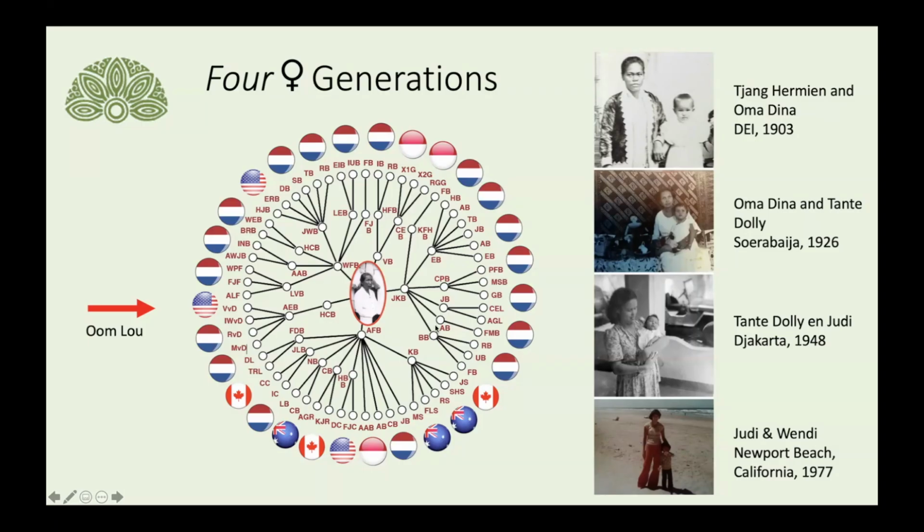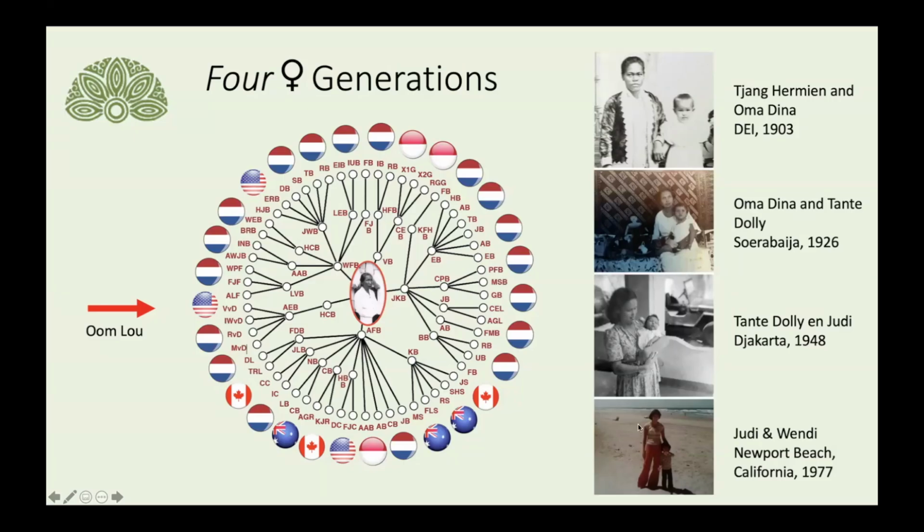This is the female lineage, which is always more difficult to trace because the names change every generation. At the bottom is my niece, Judy, in Newport Beach, California, 1977, with her daughter, Wendy.